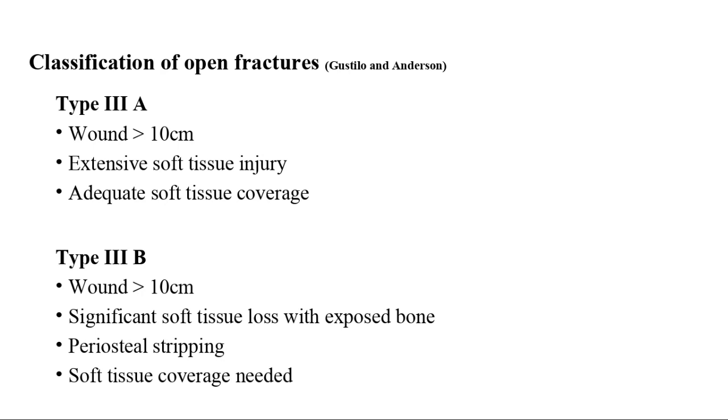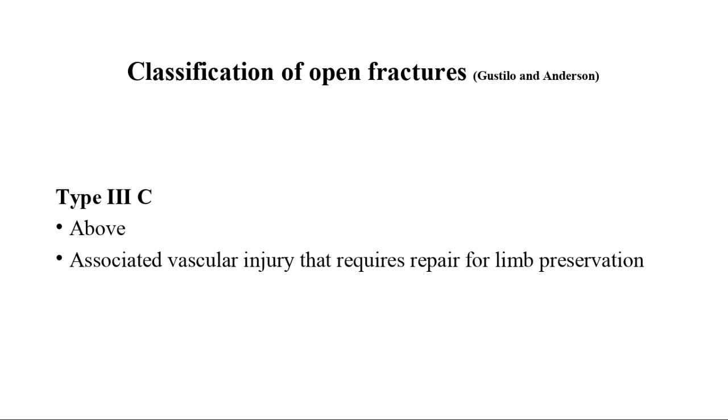So as you go 3A, 3B, all of the things that I just mentioned to you about infection, non-union, delayed union, the possibility of an infection, all of those things increase as you go from A to B. Now C, the difference with C is it's associated with a vascular injury. So C has A and B as well as C.